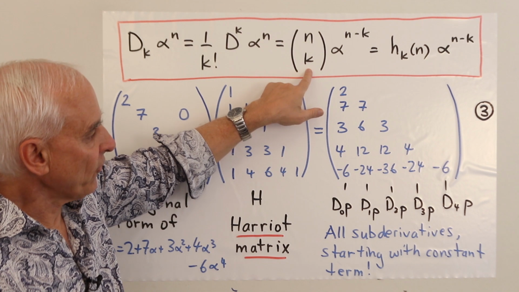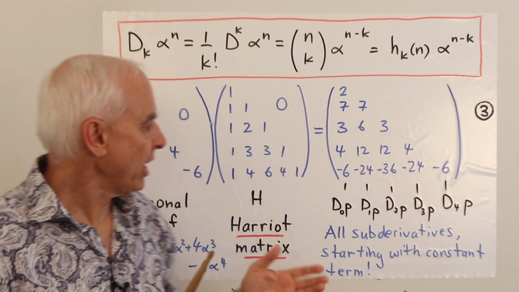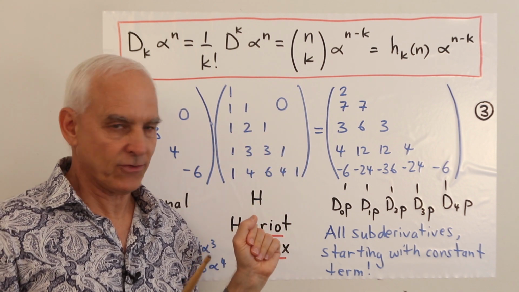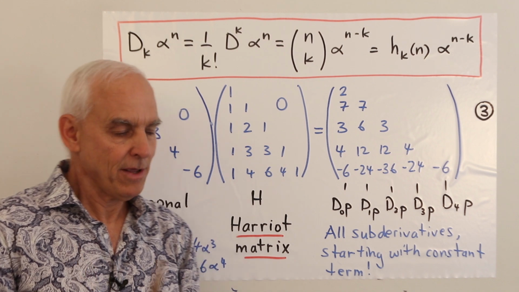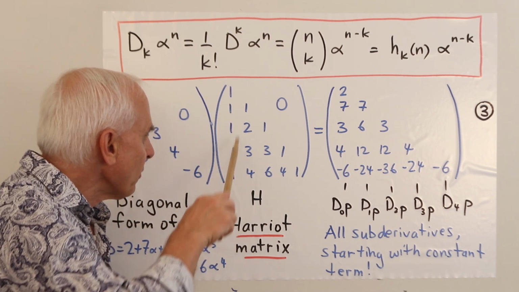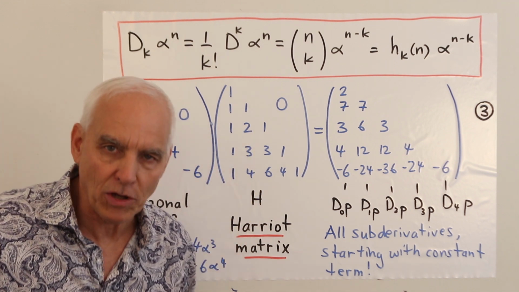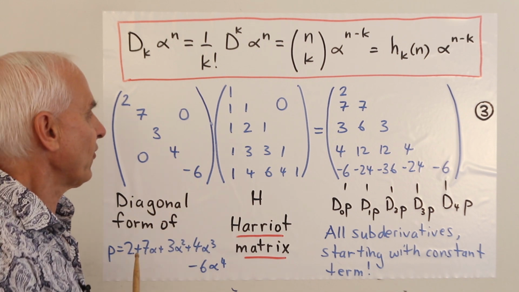Now, we've also seen that this binomial coefficient has an interpretation in terms of the Harriot matrix, sometimes called the Pascal matrix, but we're generally liking to think about it as the Harriot matrix, especially when we're interested in the columns of this thing, which are the Harriot bases sort of sequences.